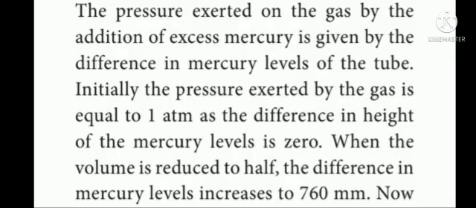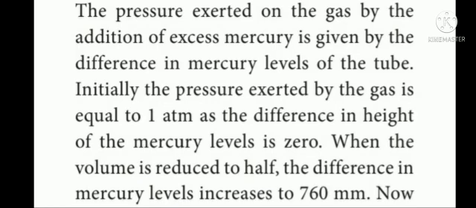The pressure exerted on the gas by the addition of excess mercury is given by the difference in mercury levels of the tube. For picture A, the pressure exerted by the gas is equal to 1 atmosphere, as the difference in height of the mercury levels is 0.